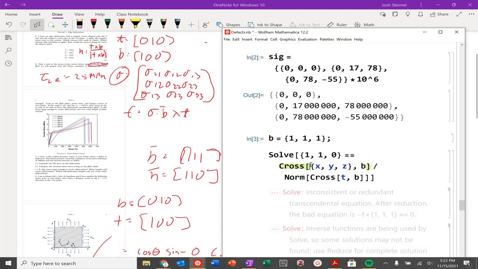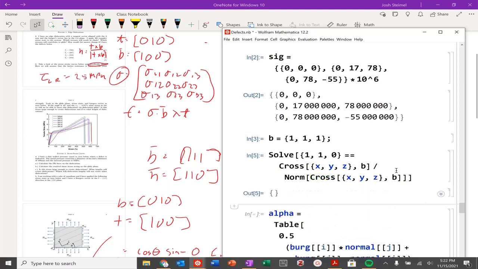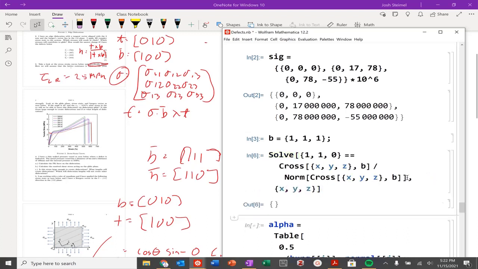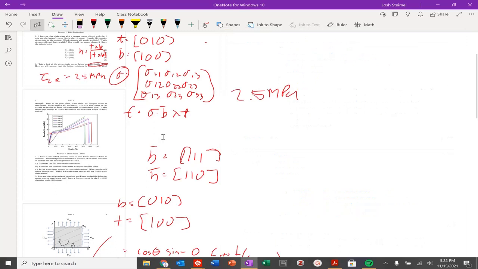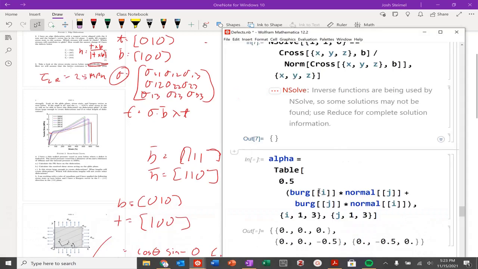Let's put that in here, z, and it does not like us solving this. So we can start to make some assumptions, because you could also set the relationship.